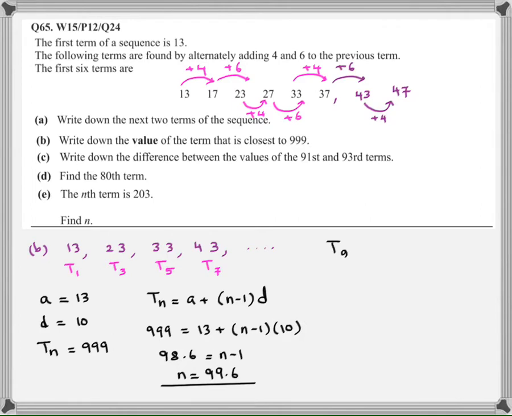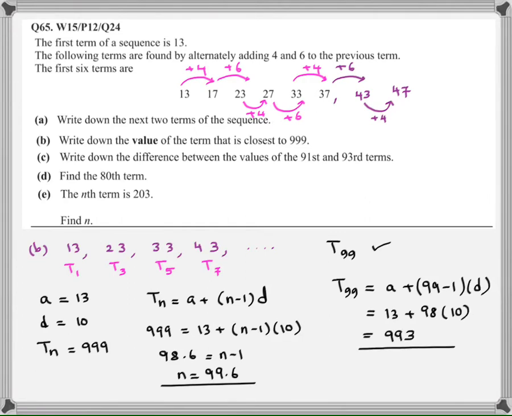You're going to round down because you want something very close to that. That number is 99. But when I calculate T99, what I get is a plus 99 minus 1, which is 98d. That is 13 plus 98 into 10. That comes out to be 993. But is 993 closest to 999? No. Now, 993 is obtained from those numbers.